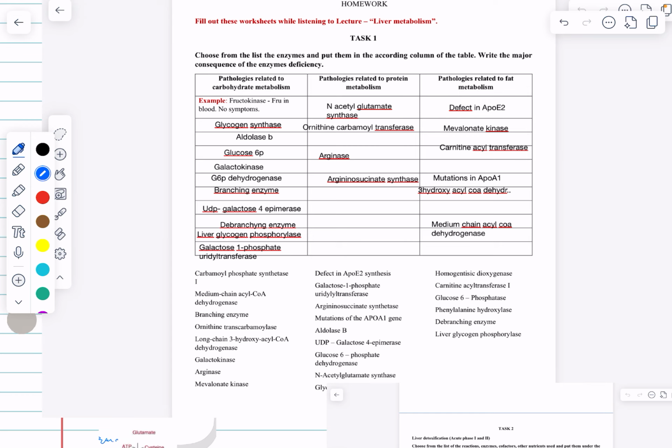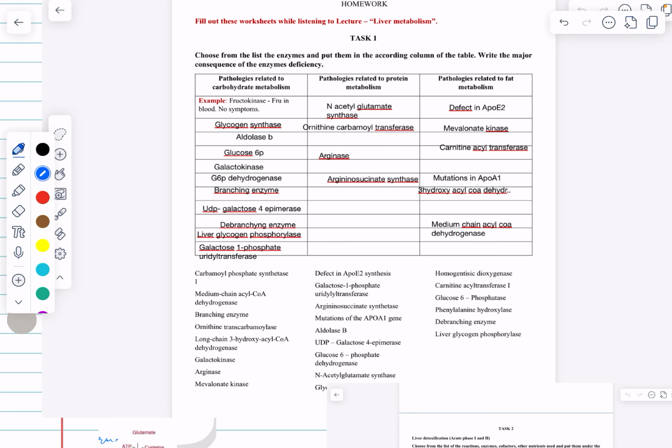Arginase, we know it's part of the urea cycle, so it has to do with protein metabolism, and also argininosuccinate synthase, also one of these urea cycle enzymes. And same thing with glycogen synthase, aldolase B, glucose 6-phosphate dehydrogenase or glucose 6-phosphatase, galactokinase, and many enzymes also related to these ones.